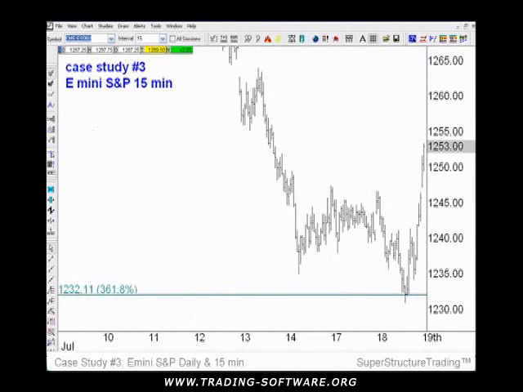Here's that 15-minute chart of that S&P. You can see that the 3.618 super extension off of that dominant double top is down here. It is pre-calculated at 1232.11.